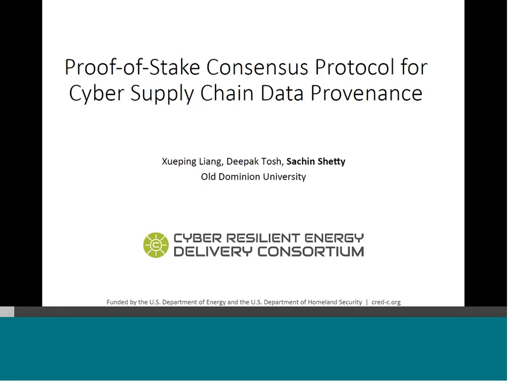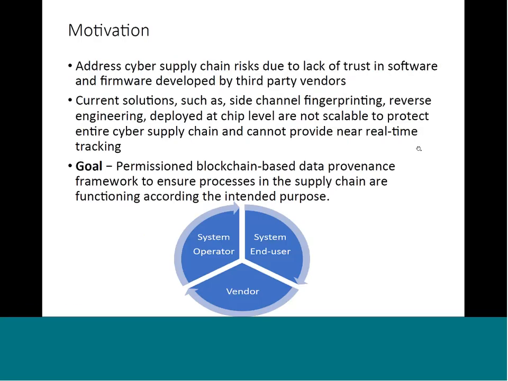This is one of our first efforts in that project. I wanted to start off with the problem that we are addressing. Before I get into why blockchain, I'll talk about what the problem is and why we feel blockchain would be a good solution to address it.